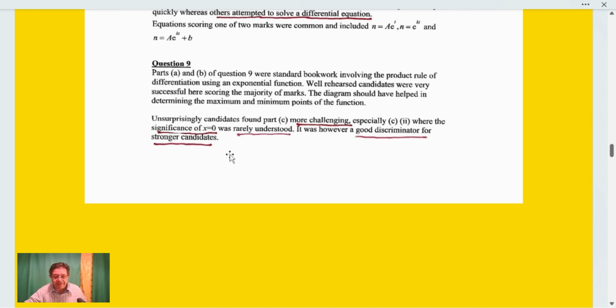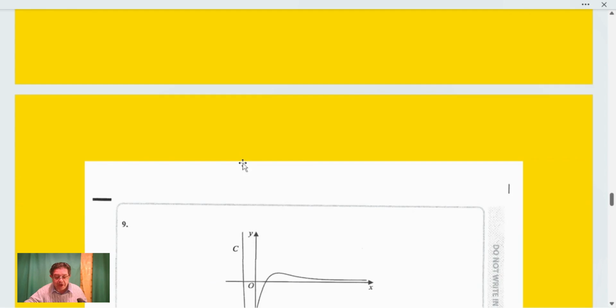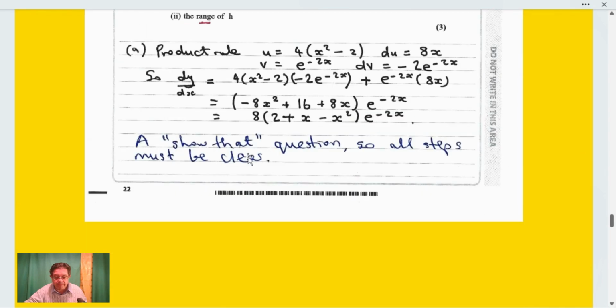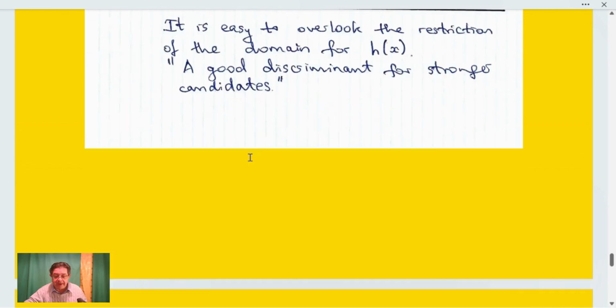That means if you see yourself as a stronger candidate, this is a good thing to look at and practice. In other words, you're working in the sweet spot and gaining the examination edge by doing questions like 9 Part C, Part 2. That's it for this installment of the video.